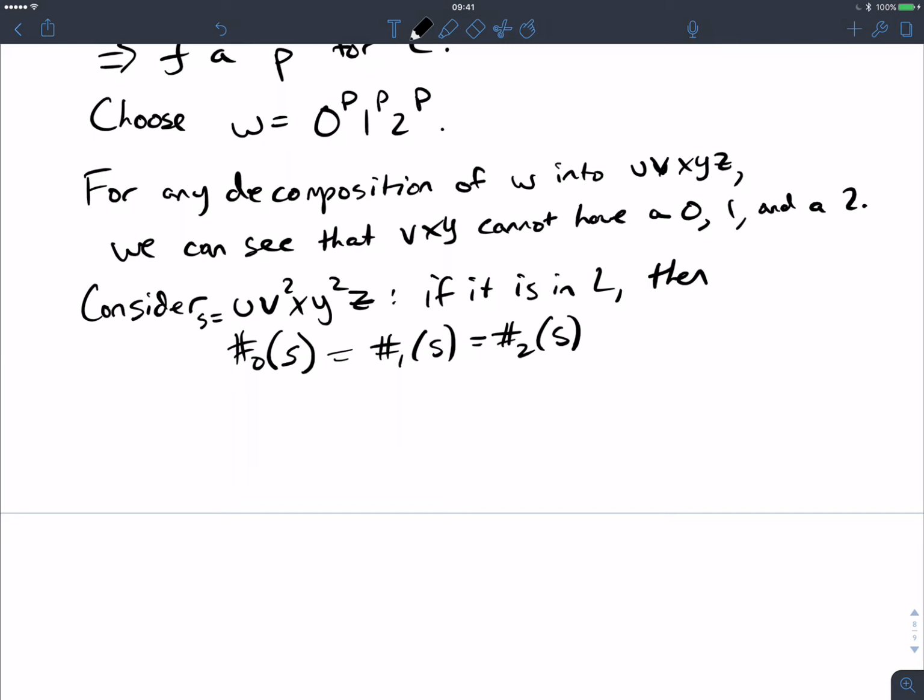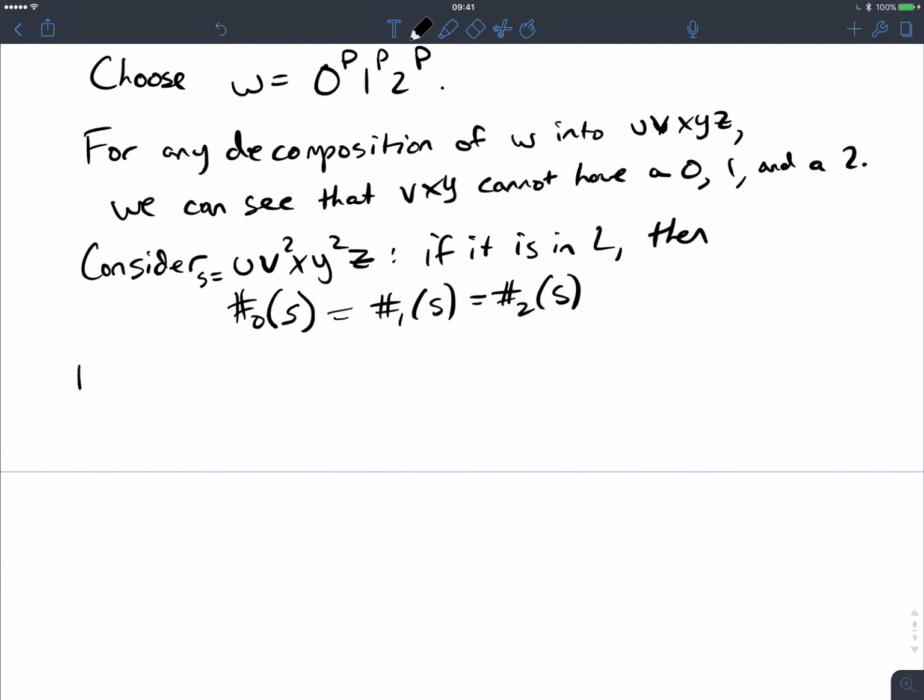Well, what happened when I pumped some character? One of those must have gone up, because V and Y had length at least 1. So I pumped some character in.